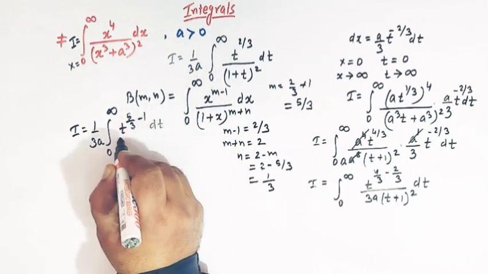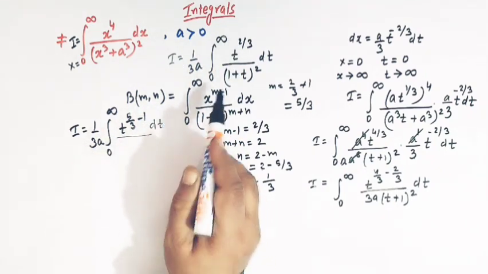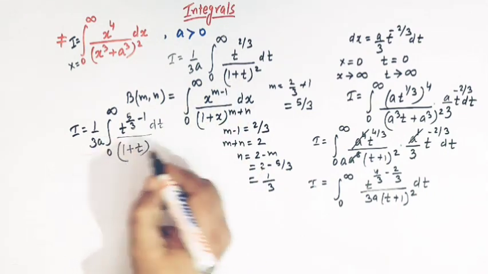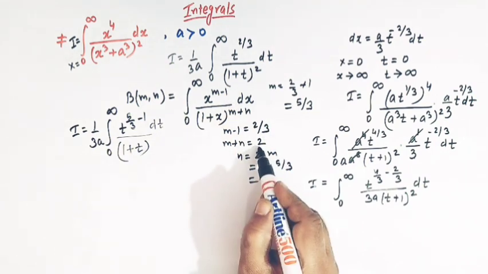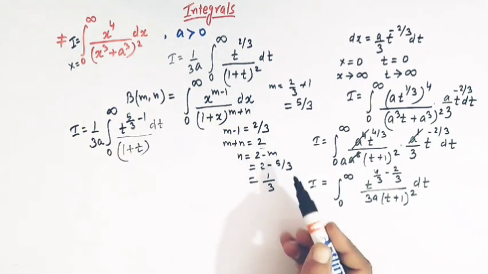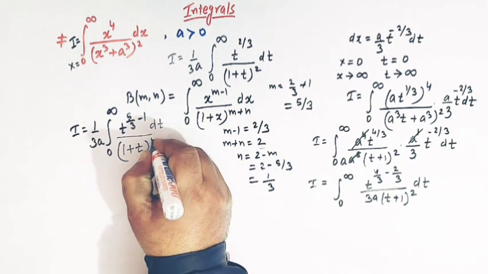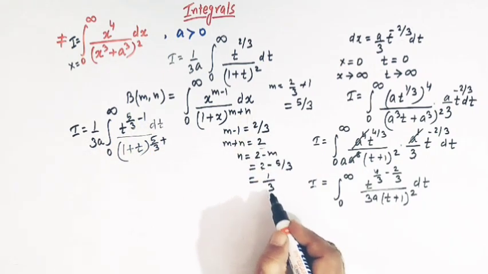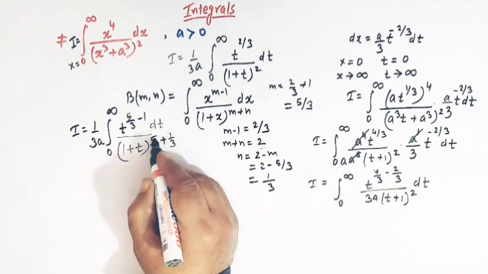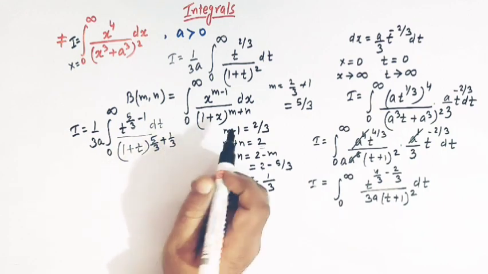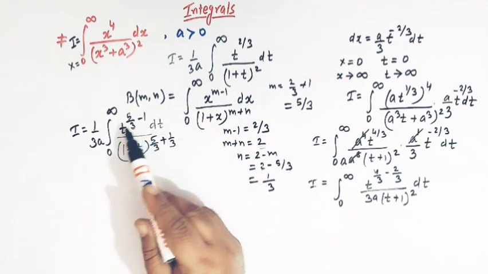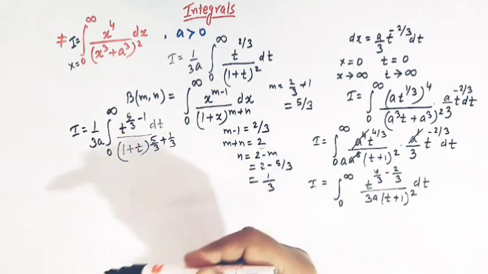Here we have dt, and in the denominator we have 1 plus t whole square, right? And this square is equal to m plus n. M is 5 by 3 plus n is 1 by 3, right? So that 5 plus 1 is 6, 6 over 3 is 2, right? So we can also write the values of m and n directly.